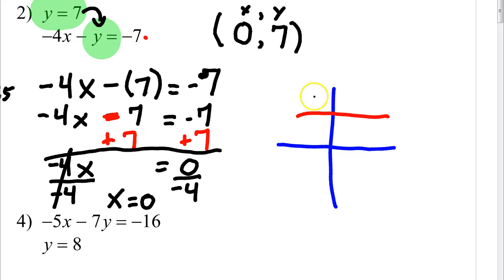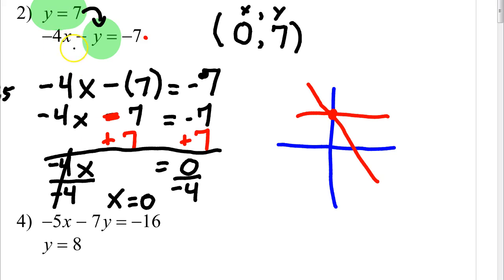Since it intersects at 0, 7, I know it probably looks something like this. So that's the answer, 0, 7. That's where it is on the graph. Don't have to do that, but in your mind's eye, keep in mind what your answer actually is.